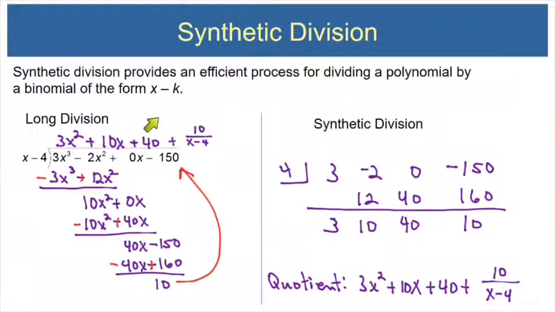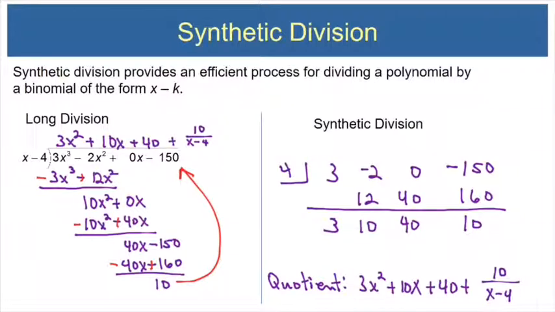Okay, now at this point you may be saying, well, if we can do this, then why do we even have this? Like, why do we even have that lever? So the reason that we still have this process is that this synthetic division process, which is so much nicer, only works if we're dividing by something that can be written as x minus a number. It would not work, for example, if we wanted to divide by 2x minus a number. So you can't have any coefficient here other than 1.